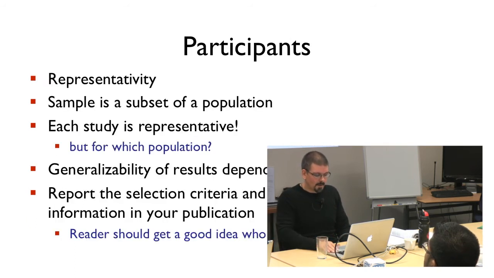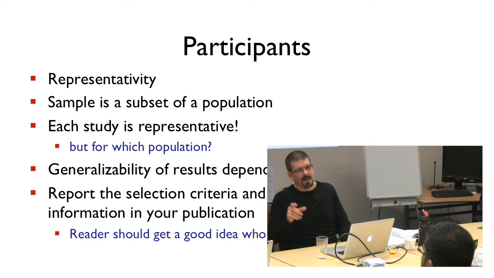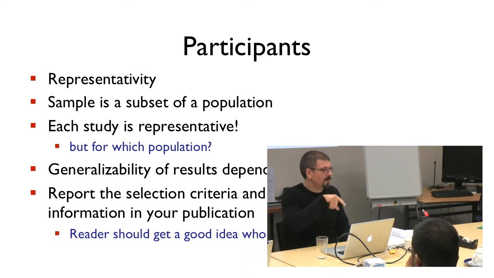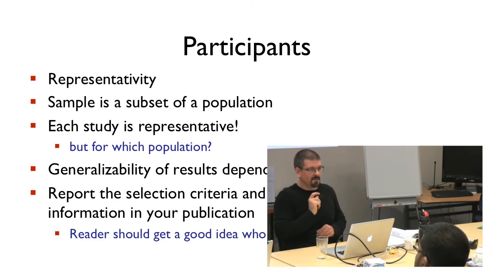And also report those issues in your research report afterwards. You should give the reader a very good idea of what kind of population it is I want to test, what kind of population did I actually recruit, or from which population did I recruit my sample for my experiments, and is there a match or is there no match?